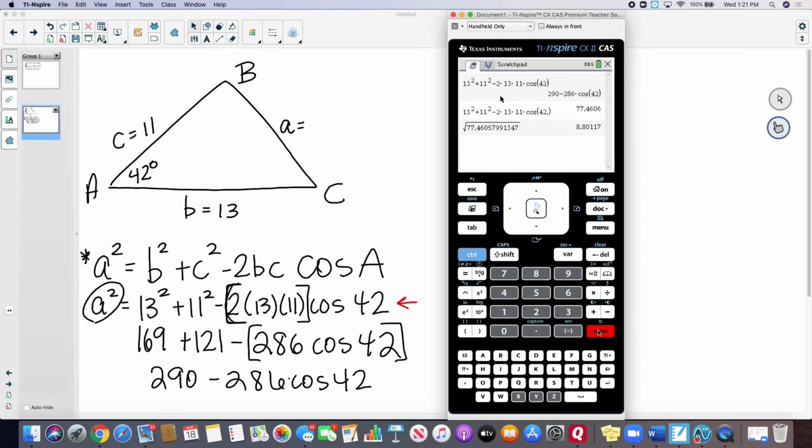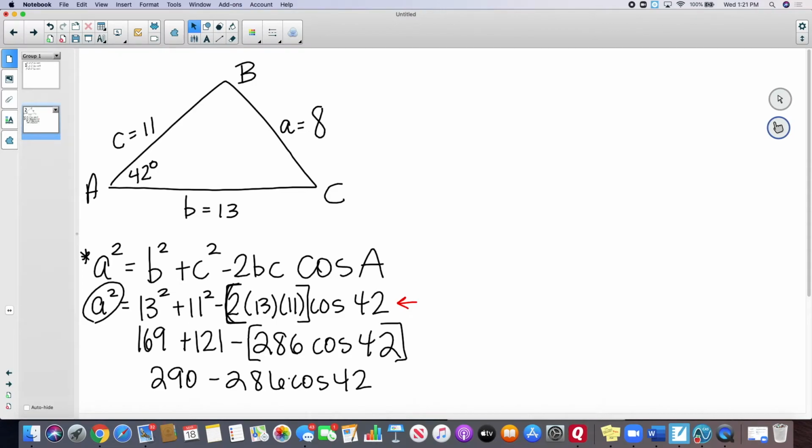So A here is 8.80 centimeters. Now, at this point, we have an angle measure and the side across from it. So we can now switch to law of sines.